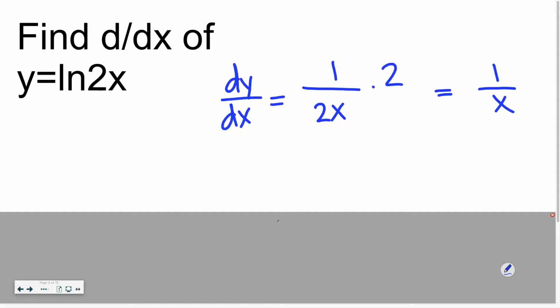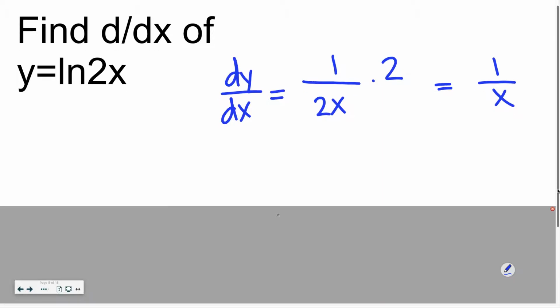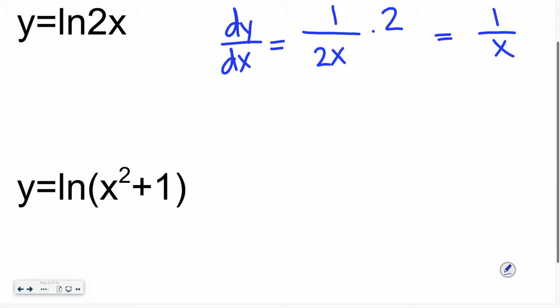So, right, we could simplify it to 1 over x. That's it. Here's our next one. Will that just mean that anytime it's just like a coefficient in x, it's just going to be 1 over x every time?